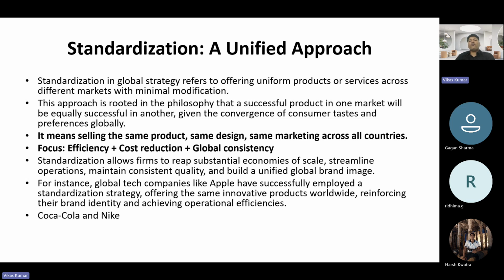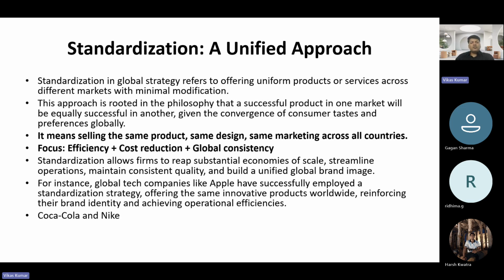These companies are offering standardized products or services all over the world, more or less the same. This is a global strategy which refers to offering uniform products or services across different markets with minimum modification.